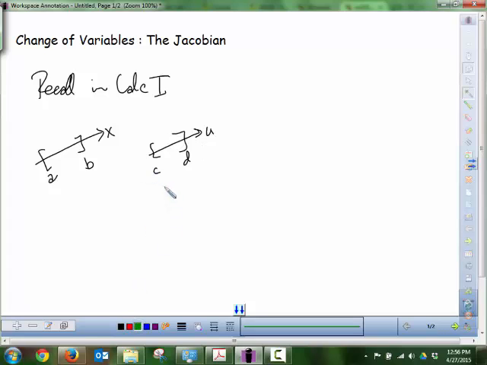These came from the u: if we take a look at u as a function and put a in there, those are going to be your new limits.